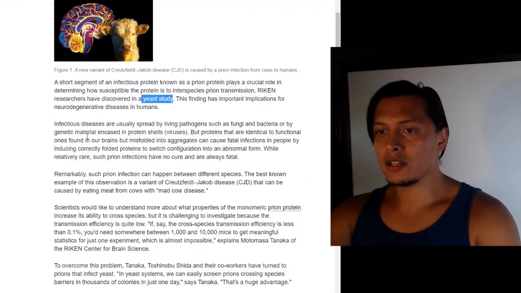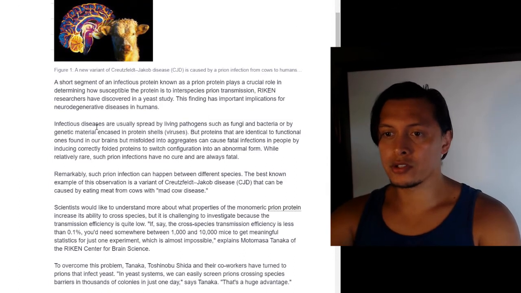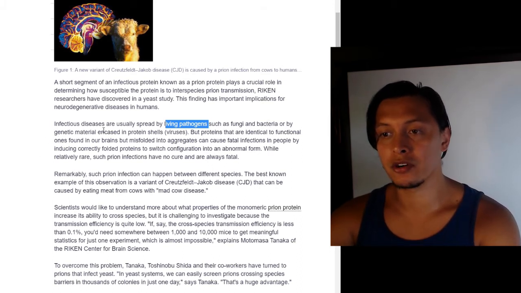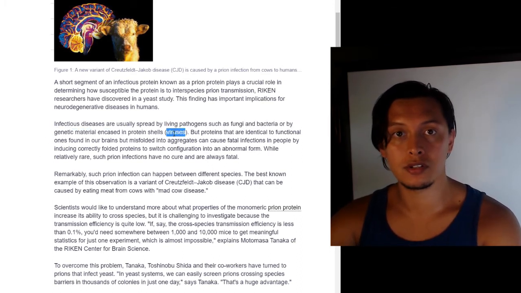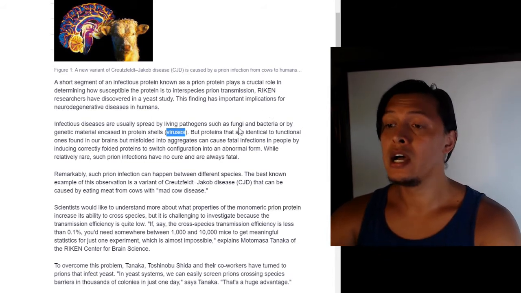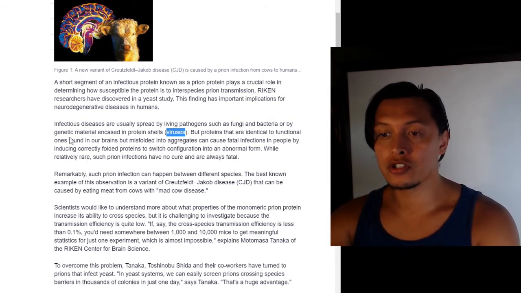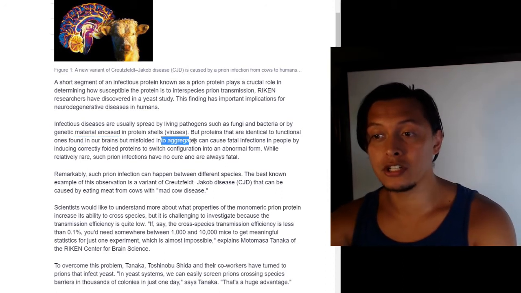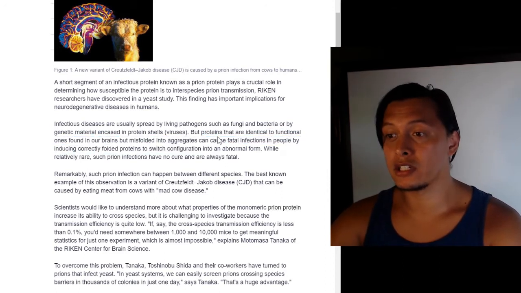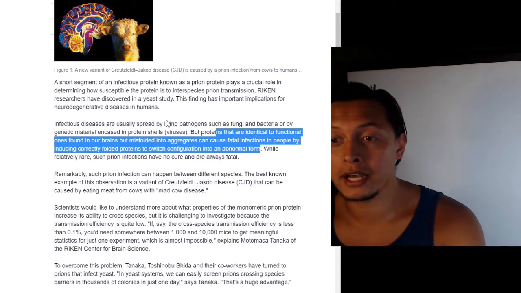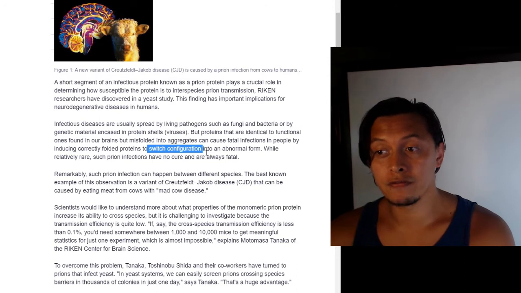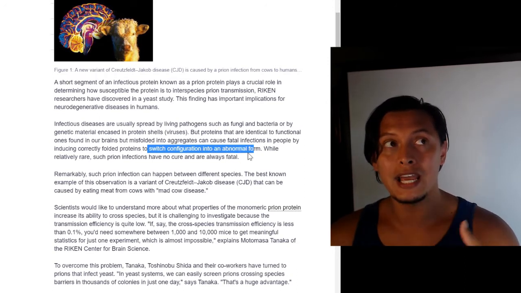So let's go back to this article. The infectious diseases are usually spread by living pathogens such as fungi and bacteria, or by genetic material encased in protein shells such as viruses, which is pertinent right now. But proteins that are identical to functional ones found in the brain but misfold into aggregates can cause fatal infections in people by inducing correctly folded proteins to switch configurations into an abnormal form.